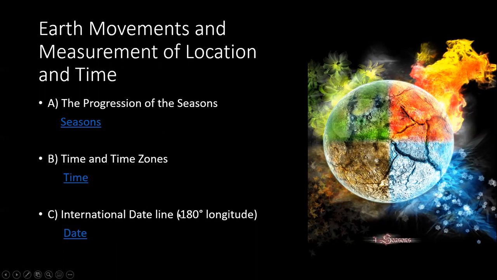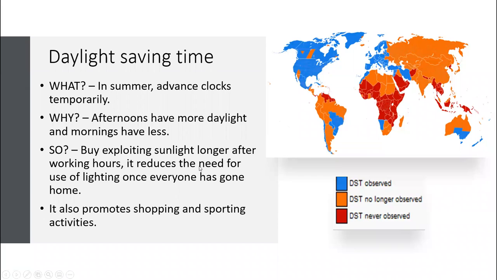All right, so that's it for this one. Daylight saving time. In summer, we advance clocks temporarily. Why? Because afternoons have more daylight and mornings have less.